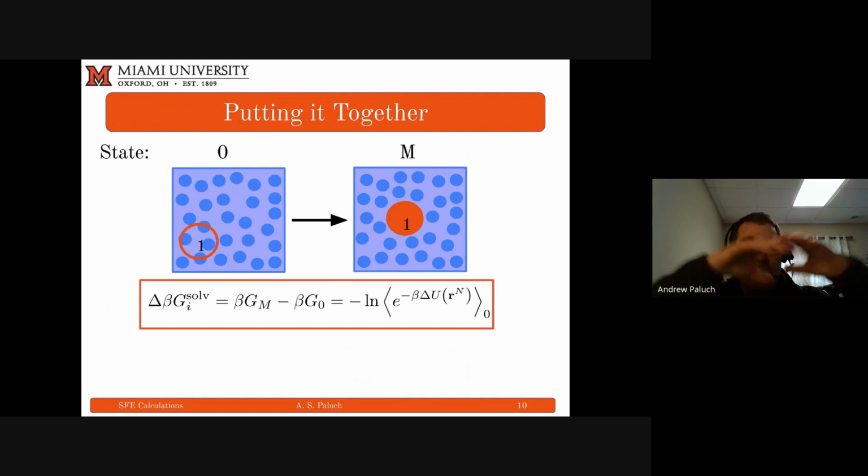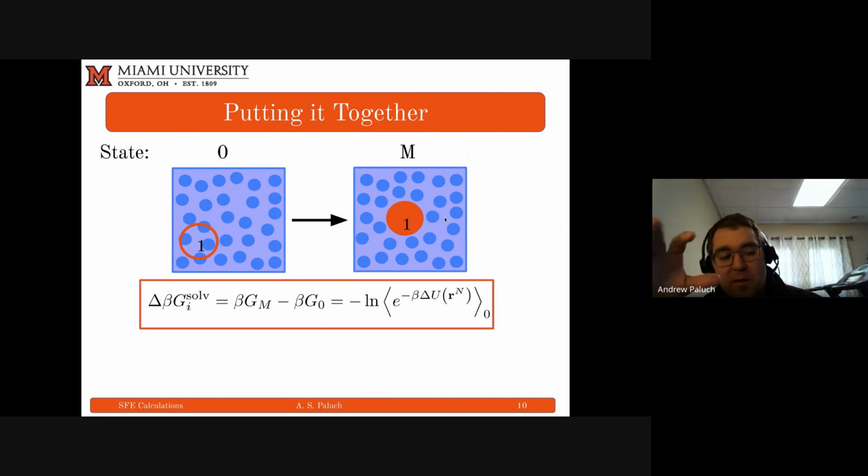Because in my reference state, it can be found anywhere with equal probability, but there's only some small number of those configurations, or small parts of that configurational phase space, which is actually accessible with my target state. And in a case like this, it's in part why these methods are rather inefficient.